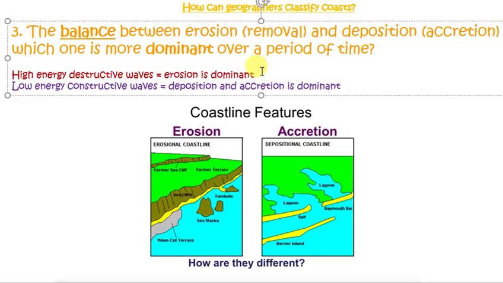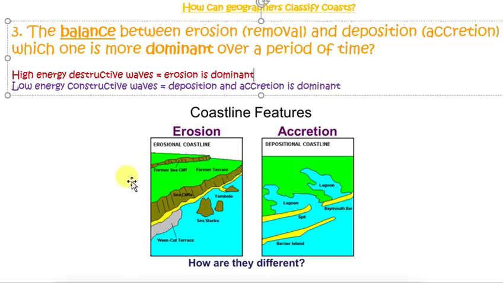General patterns are that with high energy destructive waves, such as at Connacher in the Outer Hebrides, erosion is the dominant process. In low energy sheltered environments where we get constructive waves, deposition and accretion is dominant. Now that affects what outputs you get. What do you actually see? What's the result?